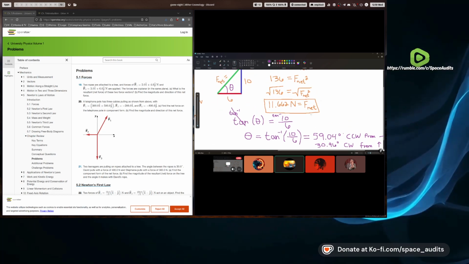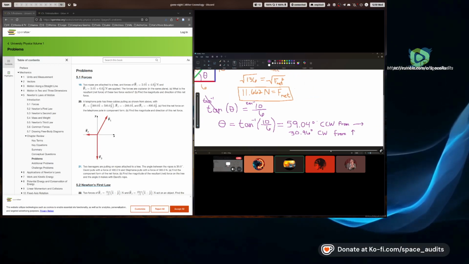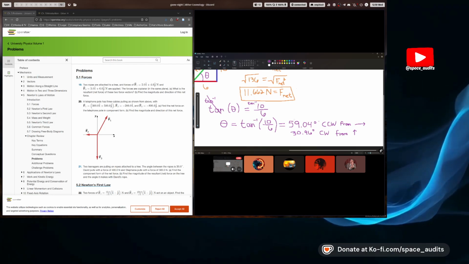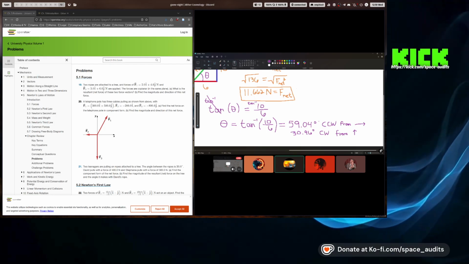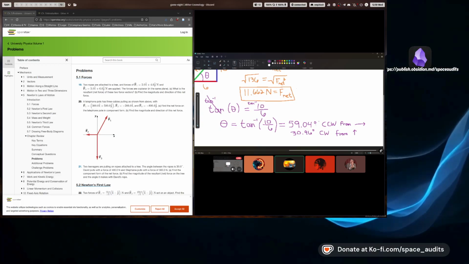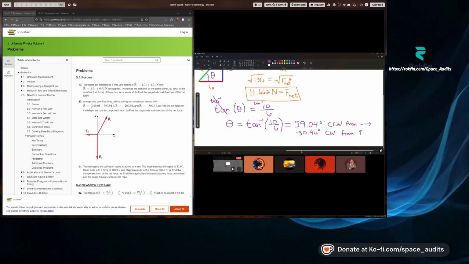So depending on which one you want to use, it's all the same direction. But it's 11.662 newtons at about 31 degrees clockwise from vertical or 59 degrees counterclockwise from horizontal.